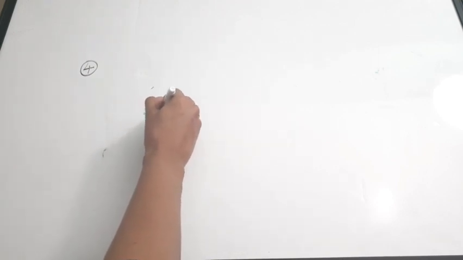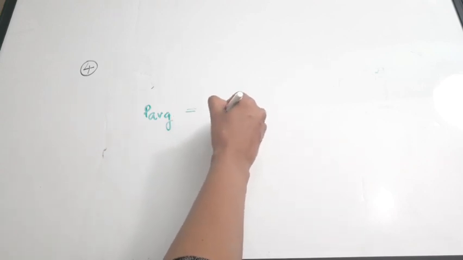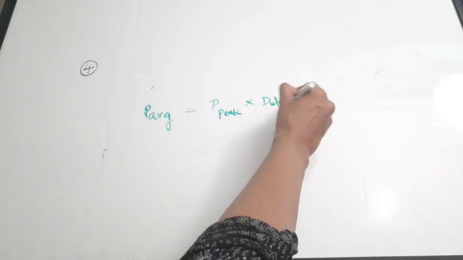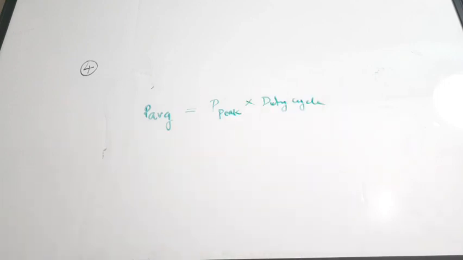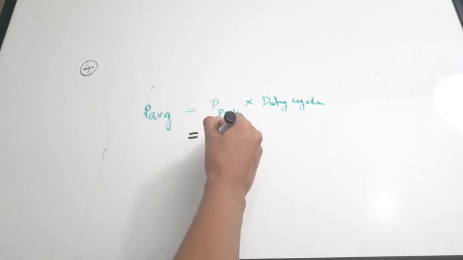The relation is, I'll write the relation first. Average power equal to peak power into duty cycle. So duty cycle is not given to you directly, but you can write duty cycle in terms of the pulse width and pulse repetition frequency.